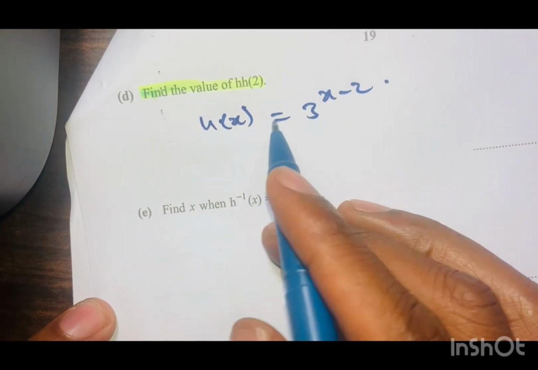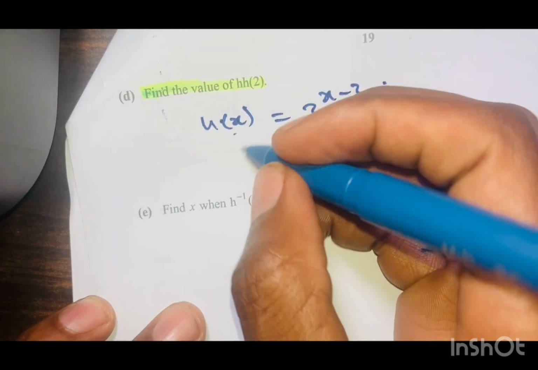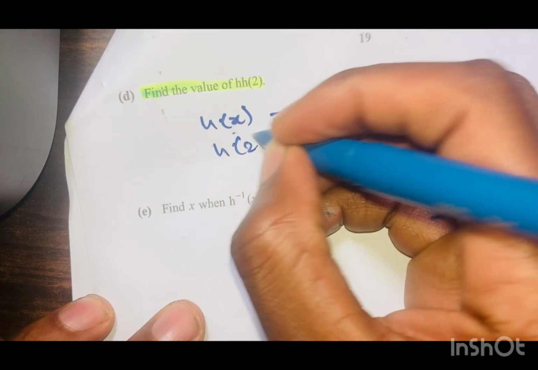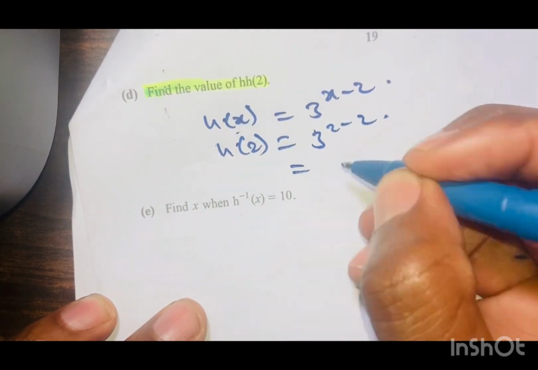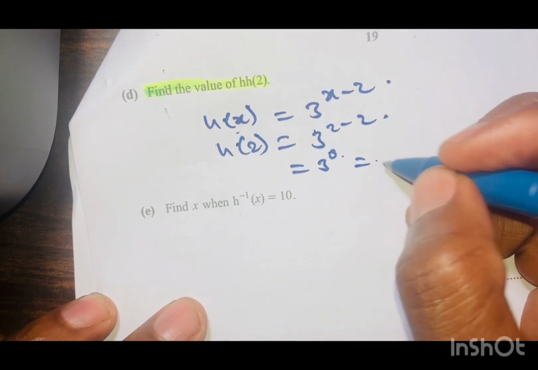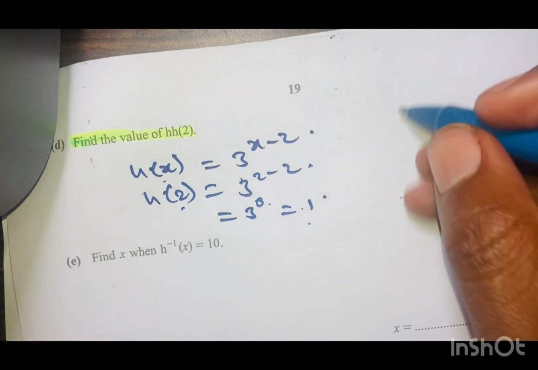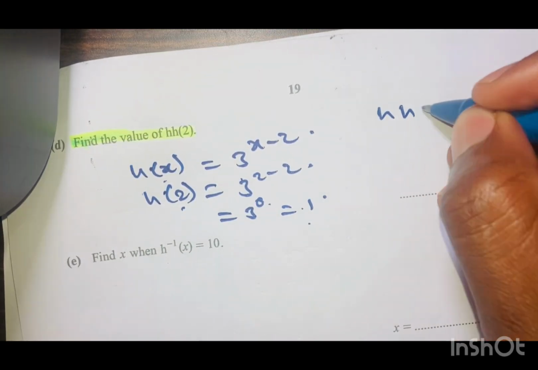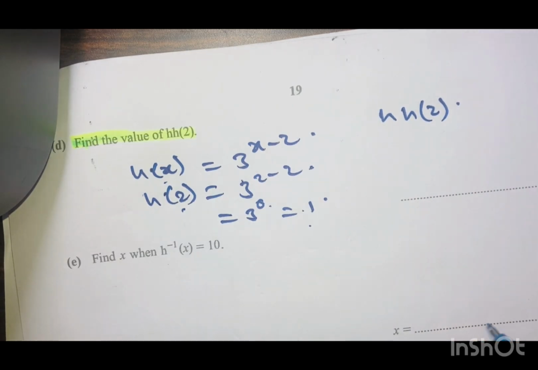So now what I'm going to do is say h of 2 first. h of 2, I'll get 3 to the power of 2 minus 2, which is 3 to the power of 0, which gives us 1. So h of 2 is equal to 1. So for h of h of 2, I'm substituting h of 2 into h.